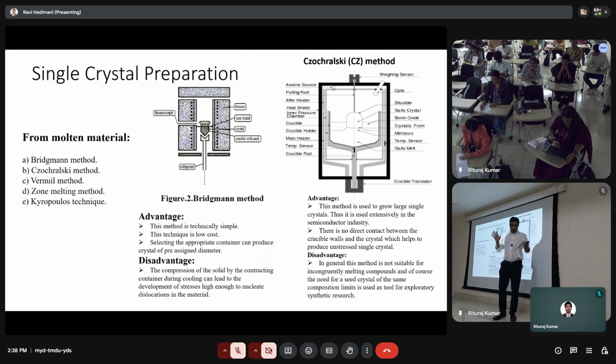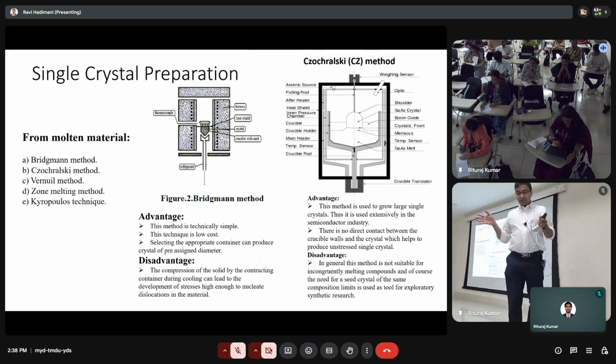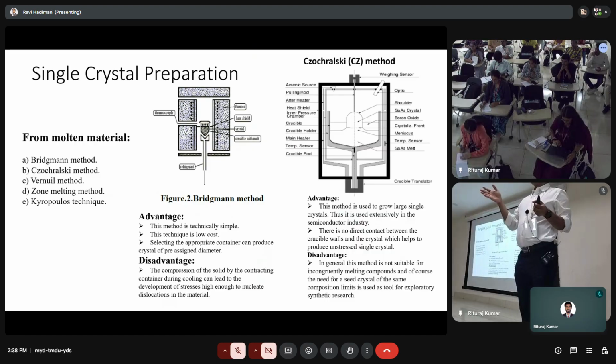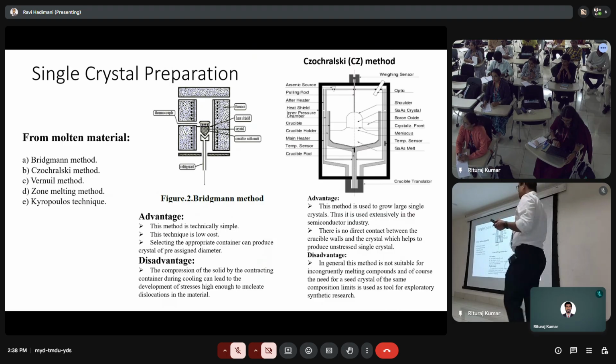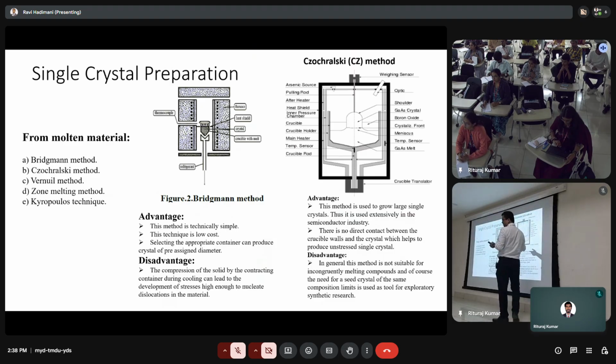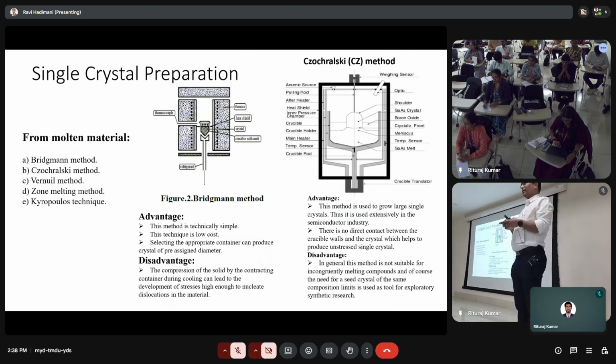So single crystal materials are anisotropic, but what about the properties? Will the properties be better than polycrystalline, or where do you find the properties better, polycrystalline or single crystal? For example, if I take electrical conductivity, is electrical conductivity better in single crystal or polycrystalline?